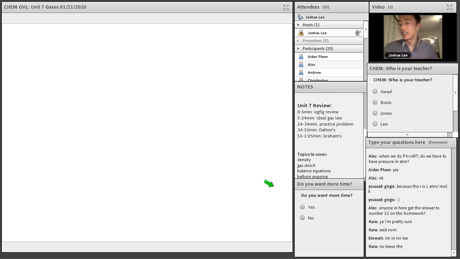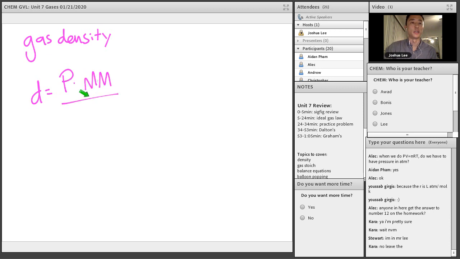All right, next thing we're going to talk about is gas density. So density of a gas, since volume is affected by pressure and temperature, density of the gas will be the pressure times molar mass over RT.